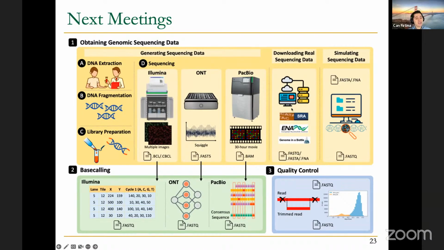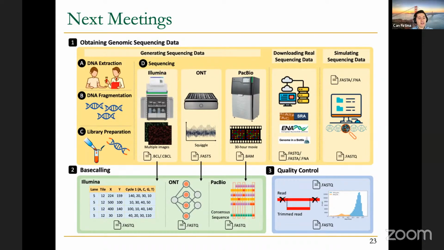And we're going to show you how you can access such data, because they are available in certain databases that are accessible to the public, for example, NCBI. Or we can perhaps even simulate the data. There are simulators to generate this data.